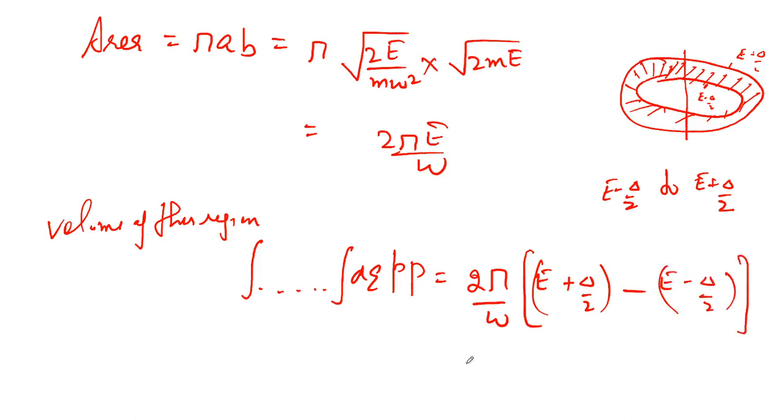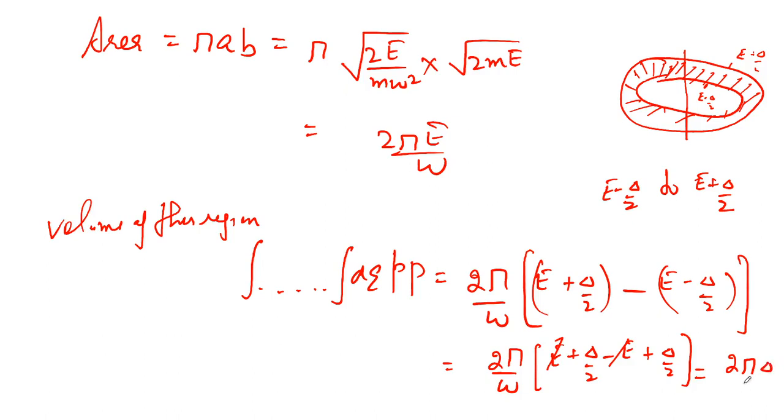So if we take 2 pi over omega as common, and once we solve this, it comes out to be equal to 2 pi over omega into E plus delta by 2 minus E minus delta by 2. So the E values get cancelled, and what we get is 2 pi delta over omega. So this is the confined volume of this phase space trajectory region.